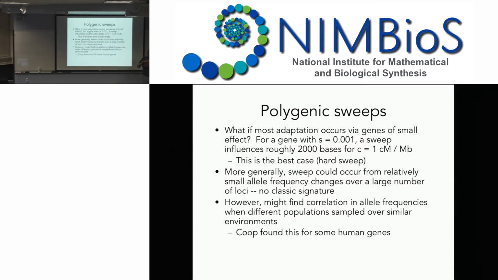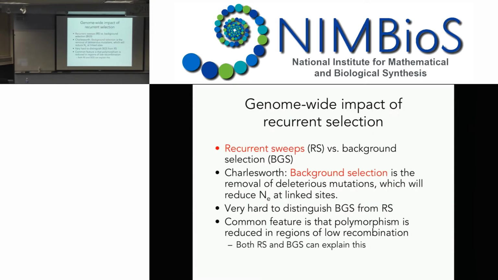You can either catch currently ongoing selection or stuff that has just occurred, or you can catch scenarios where there's a long-term history of repeated events. A lot of things fall in between that. So most selective events we're probably not going to detect. Just because selection is occurring doesn't mean you're guaranteed to find it, at least using the marker approaches.